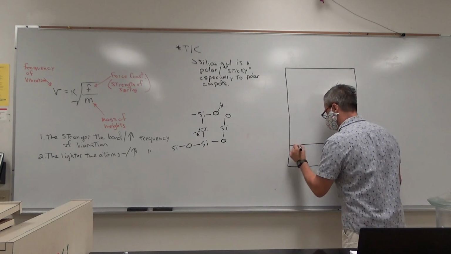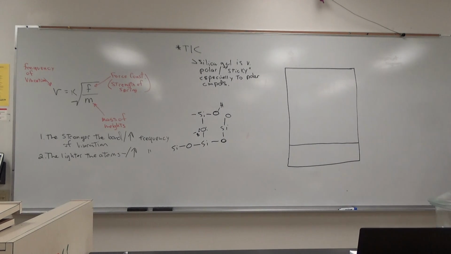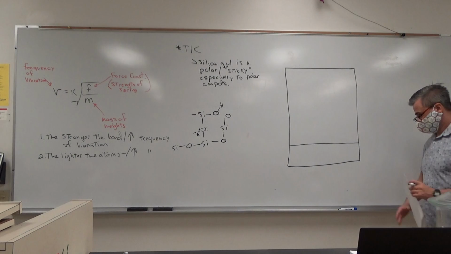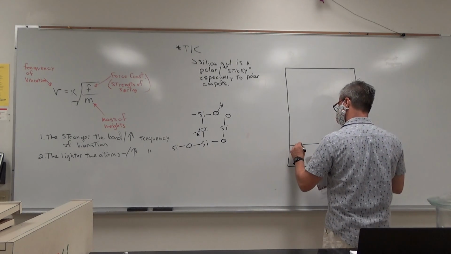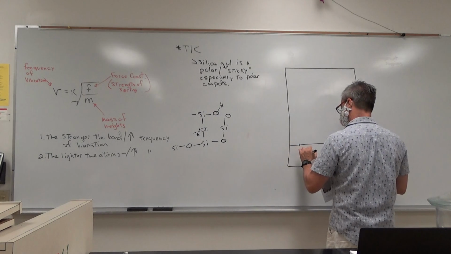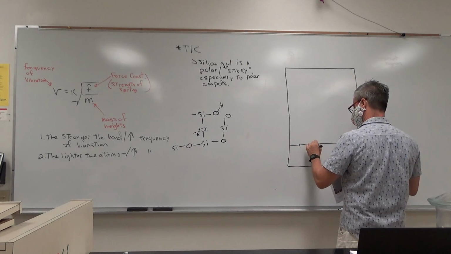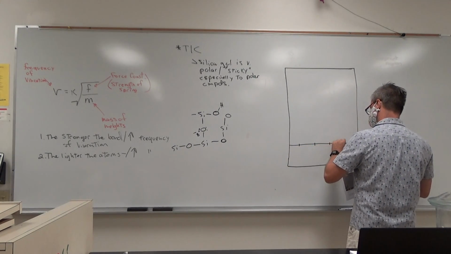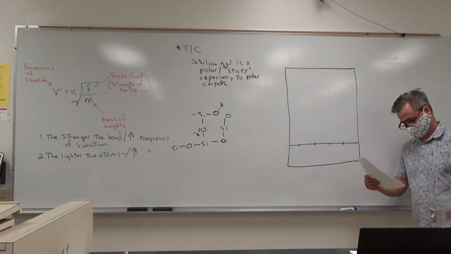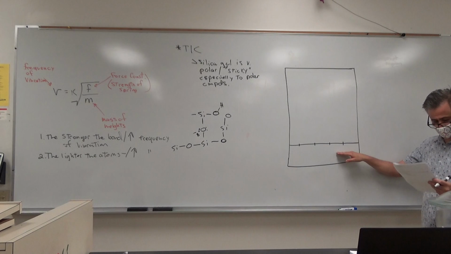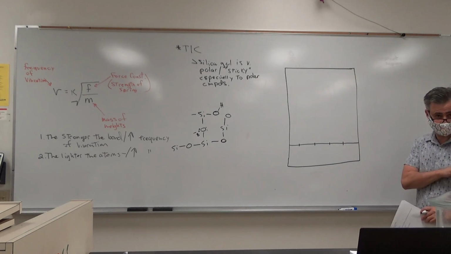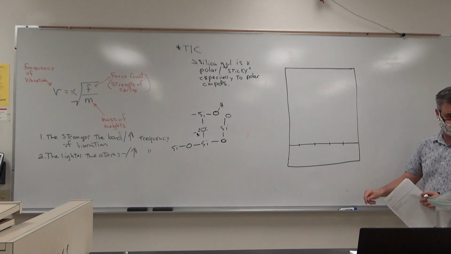You're going to draw a line, I forget what I tell you, maybe a centimeter or something like that. And then on that line, you want to make just a little hash mark. I can't remember if I set it up exactly the same way in your instructions, but this will give you a general idea of how it works.